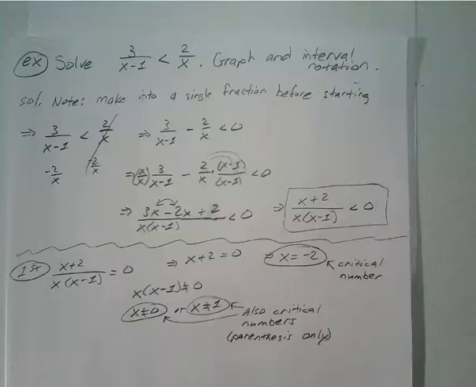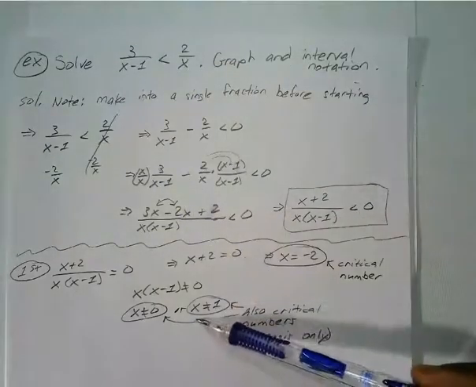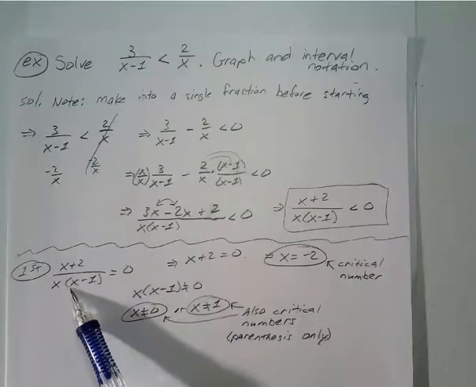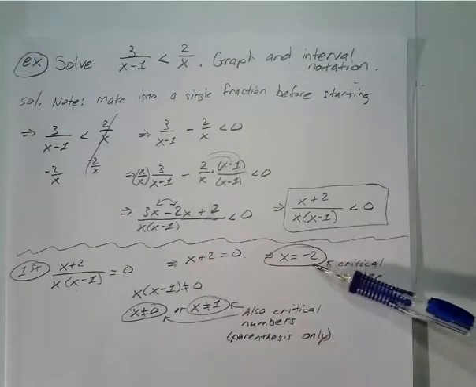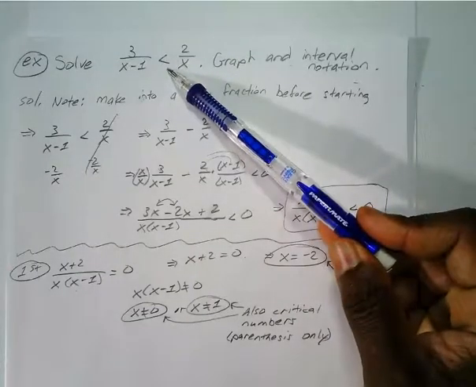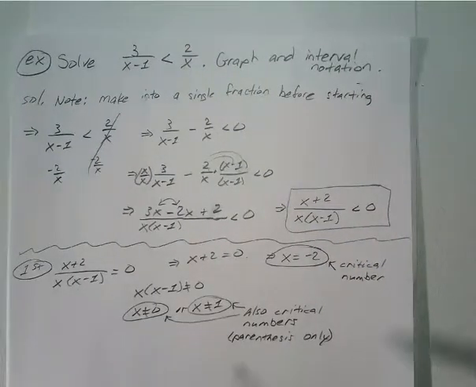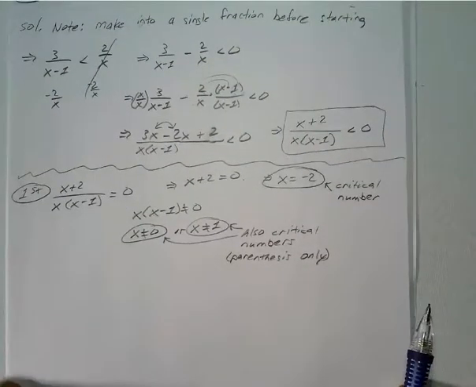Now the whole thing is going to be parentheses because you have less than, but this is just something that you really want to be conscious of. Whenever you have your denominator critical numbers, it's always going to be parentheses. The numerator critical numbers depend on the less than or equal to. Even though it's all going to be parentheses, I still wanted to point that out. Okay, so you have your 3 critical numbers.